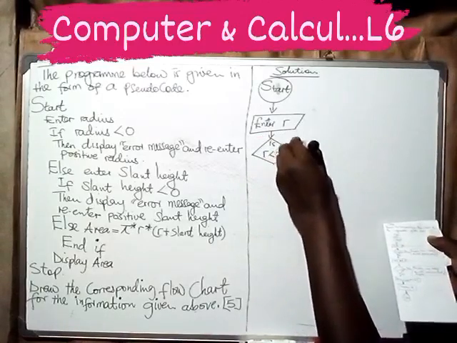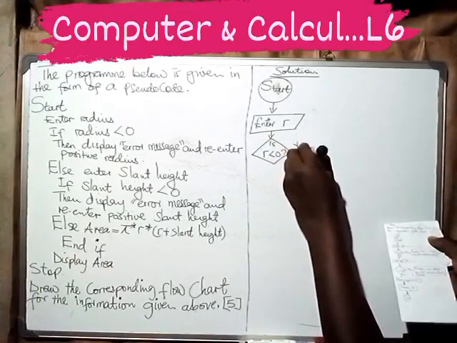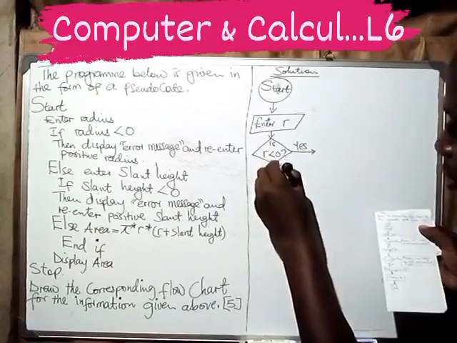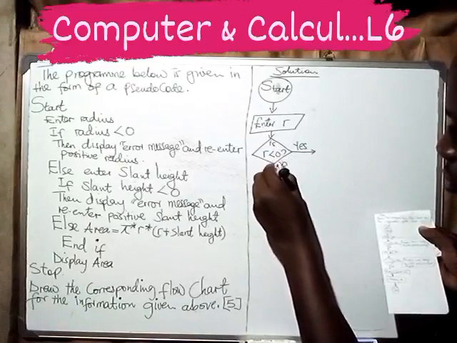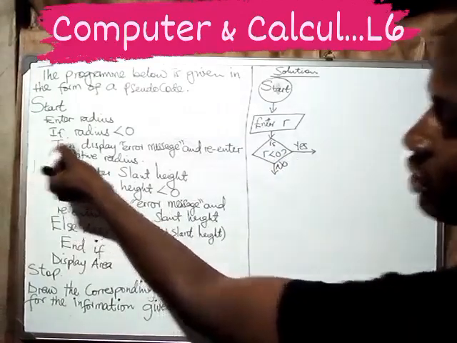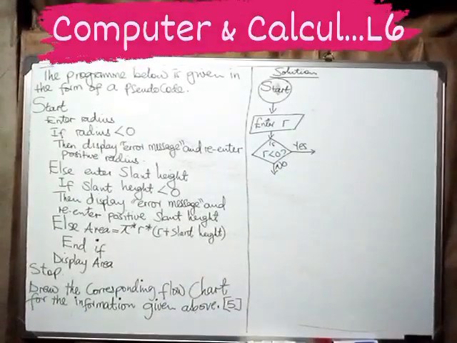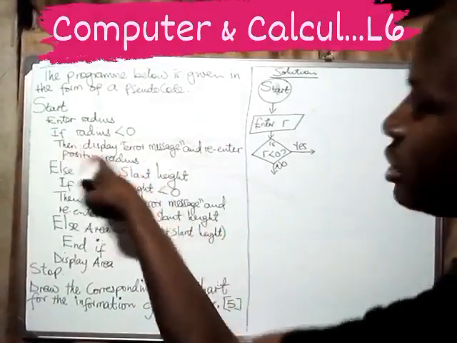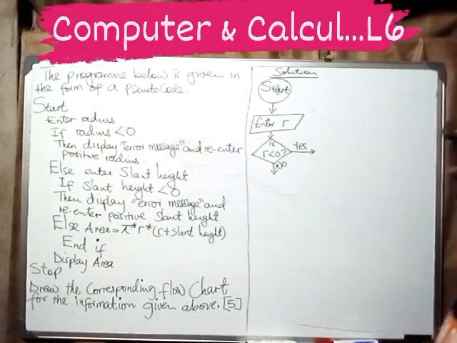R less than 0, we can say yes. If you say yes, we know the meaning. If you say no, so I am on this one. If radius is less than 0, then it displays, because radius can't be less than 0.